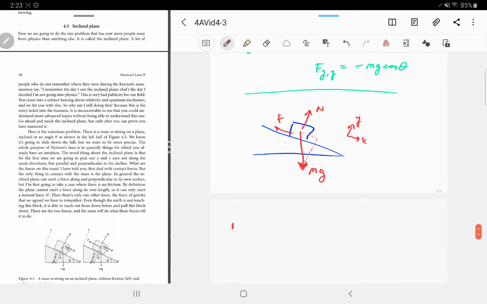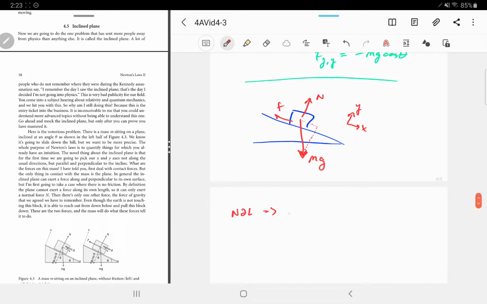Okay, so Newton's second law gives us two different equations. Remember, that's what we talked about in the first part of the video. We can analyze things in the x direction and the y direction.